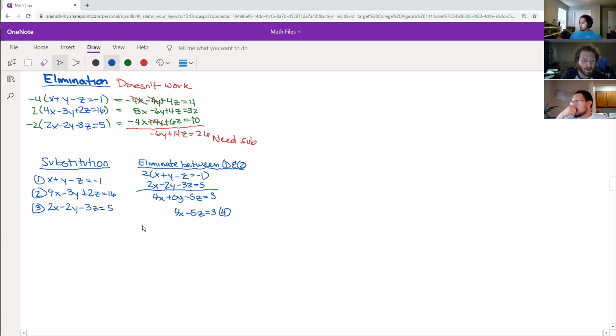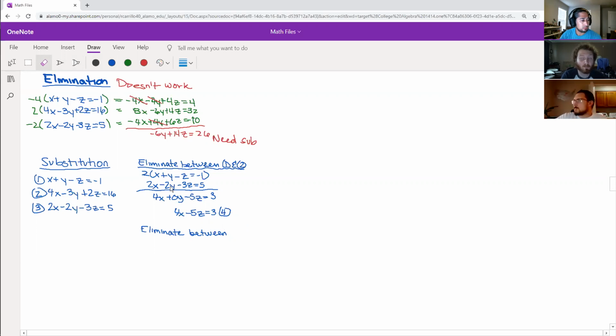And I'm going to go back and eliminate between, let's do 2 and 3. Do I want to do 2 and 3? I don't want to do 2 and 3. And here's why: I have to eliminate for the same variable that I eliminated for in the first round.